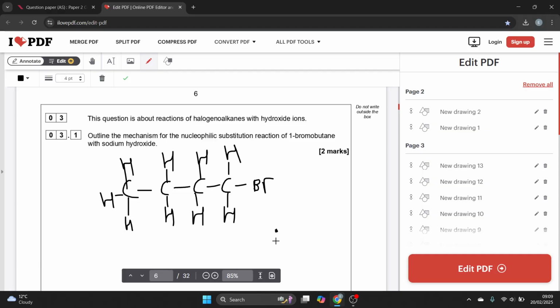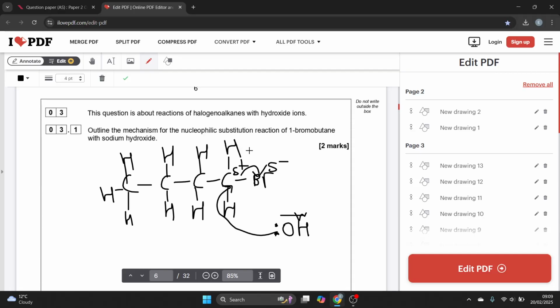And what happens is the lone pair of electrons on OH minus attacks the carbon, which is partially positive, the Br is partially negative, the CBr bond breaks, and that's what you need to show. You don't need to show the product, but the product would just be the butane as it is, but you just replace the Br with the OH group, so then butan-1-ol.